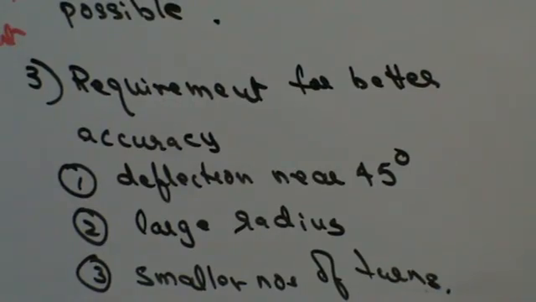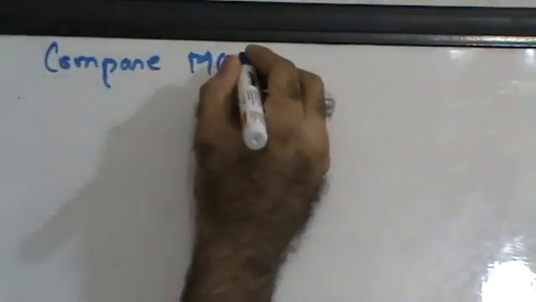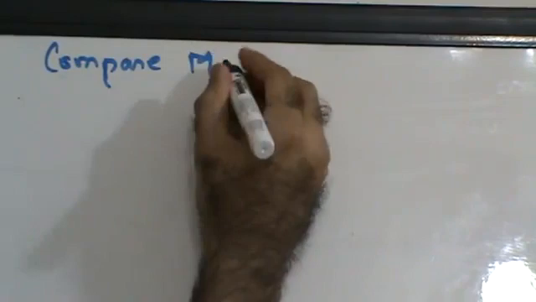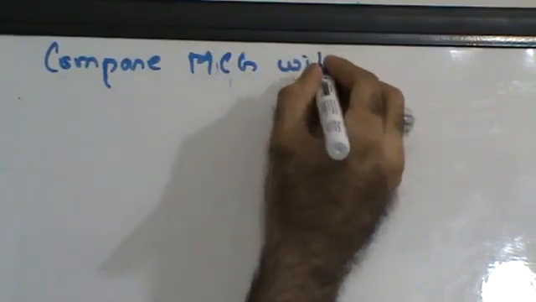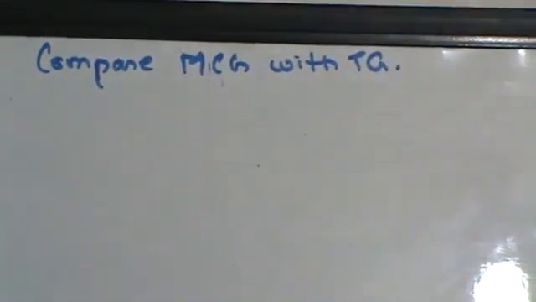Right? Let us compare a moving coil galvanometer with a tangent galvanometer.